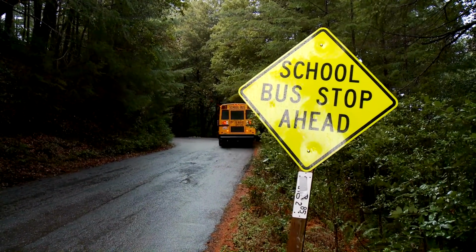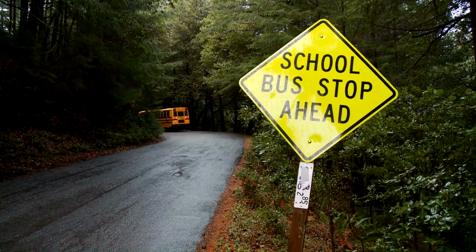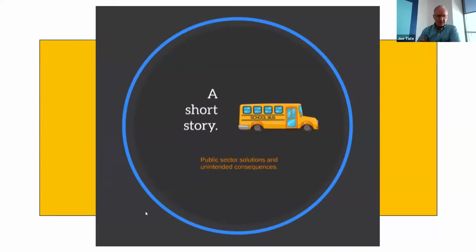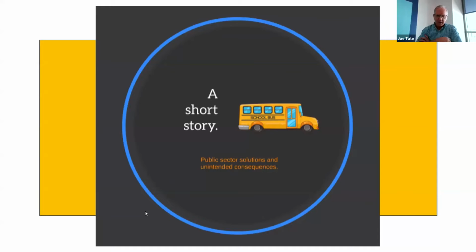I was talking to Colby, who was about 7 at the time. I said, Colby, how was it? He talked about school, and I said, tell me about riding the bus. This was the first time in his life he had ridden a school bus, and he said, well, it was great. It was fun.